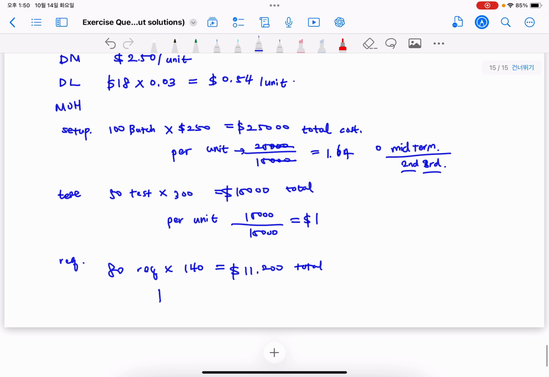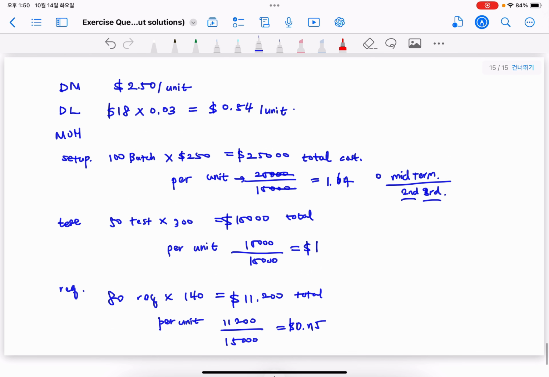And per unit, you again divide this by 15,000, and then you will be getting, let's see, about 0.75. Okay.